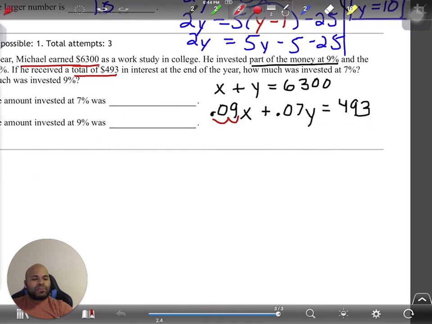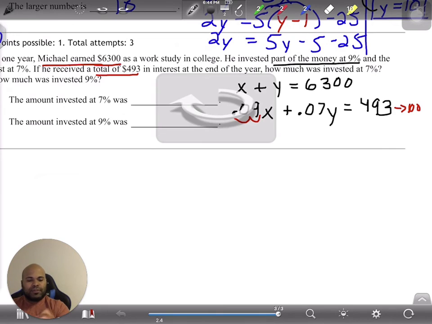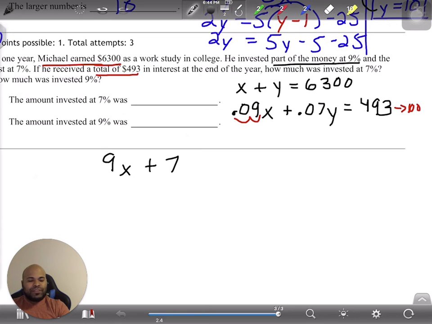So if I multiply everything in this by 100, just like we did when we were doing elimination, 0.09 times 100 is just 9x plus 0.07 times 100 is just 7y equals, and I'll just add two zeros at the end. So that's 49,300. So there we go.